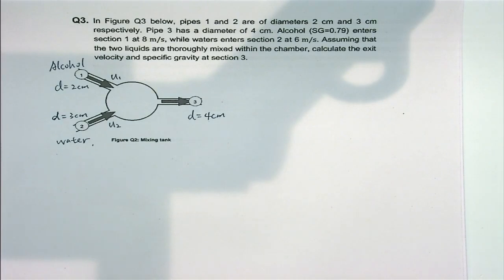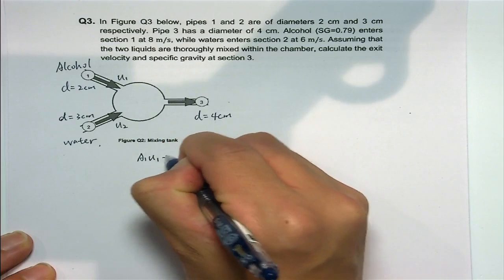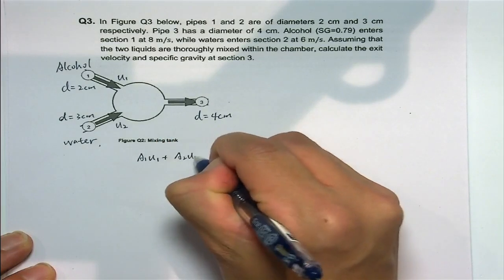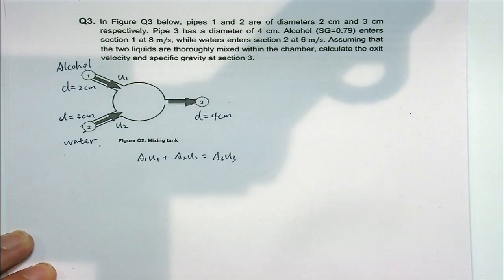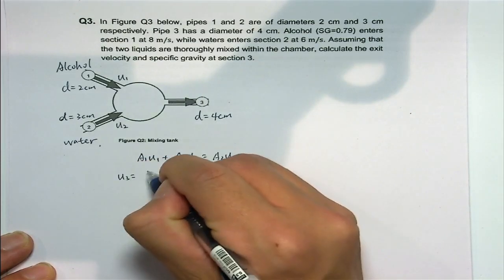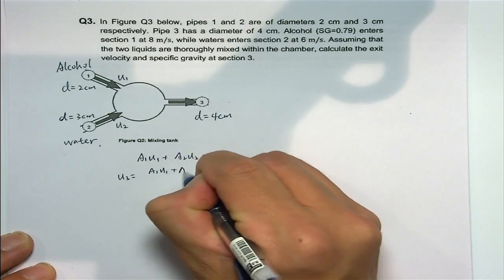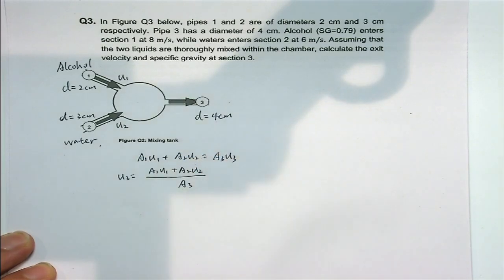So when we consider it incompressible, due to the continuity equation for the volume, we know that A1 U1 plus A2 U2 is A3 U3, right? Where A stands for the cross-sectional area. So U3 is A1 U1 plus A2 U2 over A3.